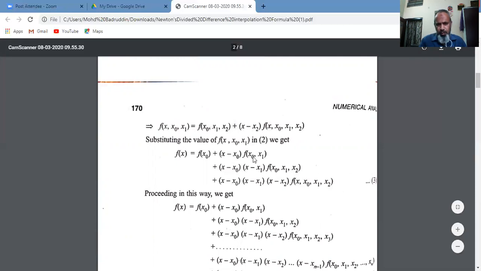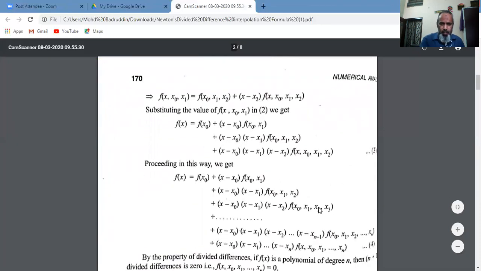Again, proceeding in this way, we get the function f of x is equal to f of x naught as it is plus x minus x naught into f of x naught x1 plus x minus x naught, x minus x1 into f of x naught x1 x2 plus x minus x naught, x minus x1, x minus x2 into f of x x naught x1 x2 plus and so on. So what will be the next term?